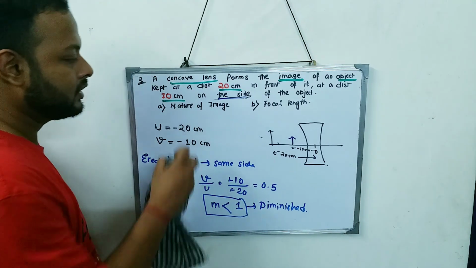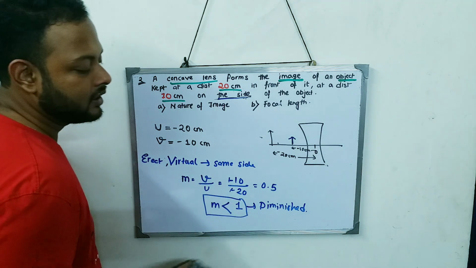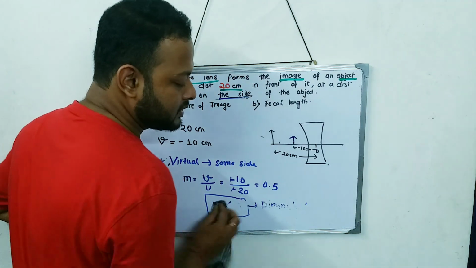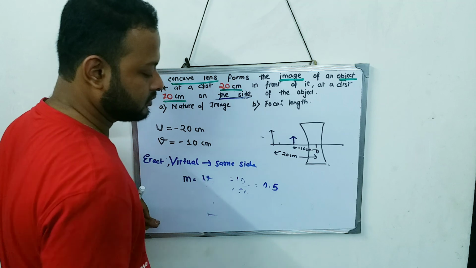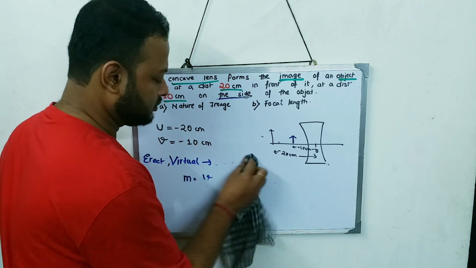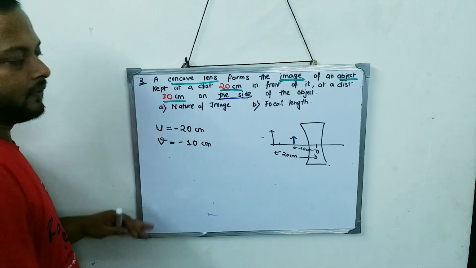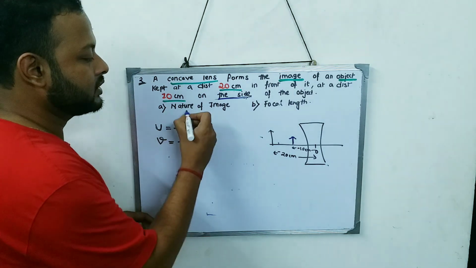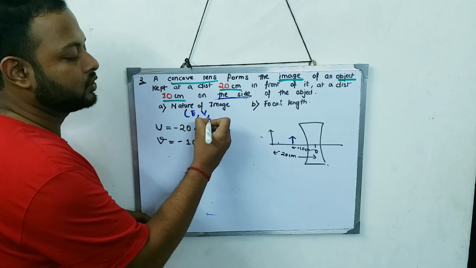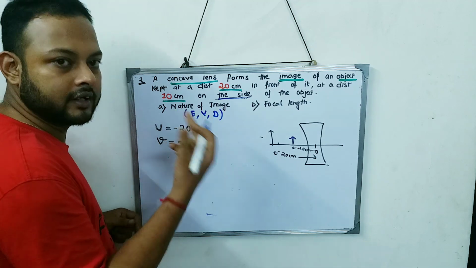So I got the nature of the image: erect, virtual and diminished. So the first question is clear. EVD: erect, virtual and diminished.